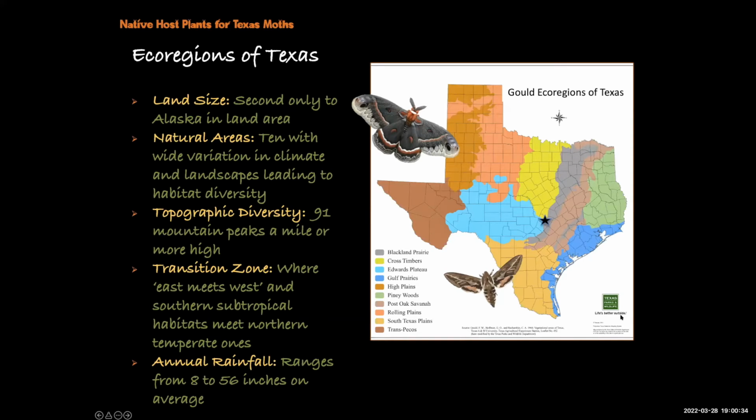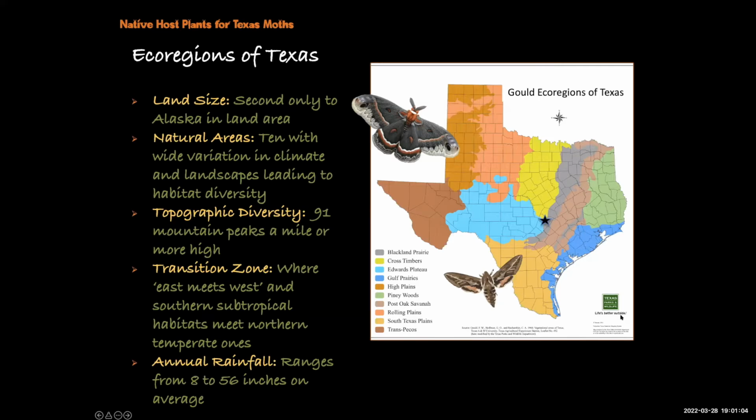Ecoregions of Texas. As you know, depending on which map you use, there can be 10 or more ecoregions of Texas, and each one is defined by several different criteria. Texas is very large in land size, second only to Alaska. The natural areas that we have defined here and in the book are 10 different ecoregions, and they vary in climate as well as habitat diversity.